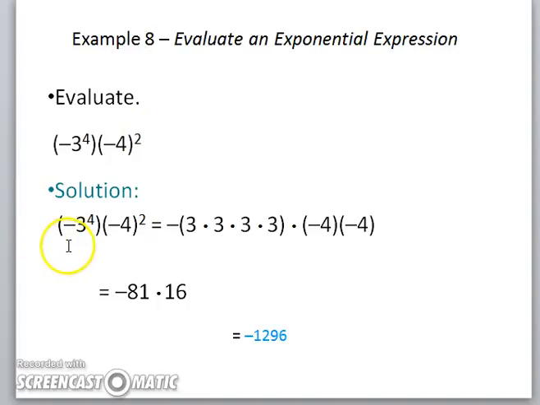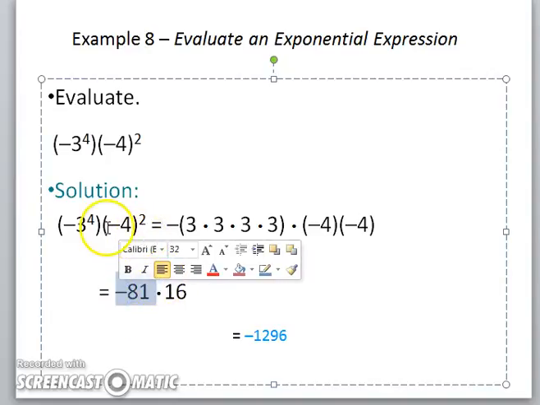So to evaluate it, first we look at the first term, which is -3 raised to the fourth. That would mean we leave the negative in front, follow the order of operations, and raise 3 to the fourth power. So multiply 3 together 4 times. When you do so, you will get 81, and there's a negative that's been left in front. So we have -81 for that part of the expression.